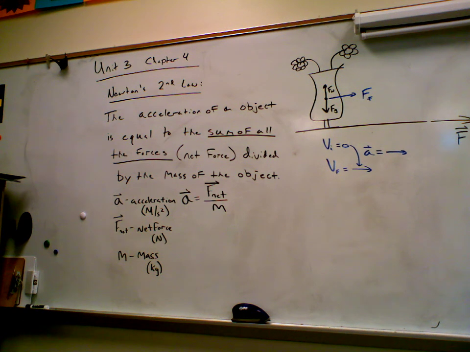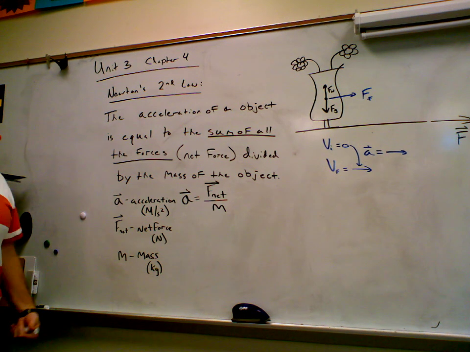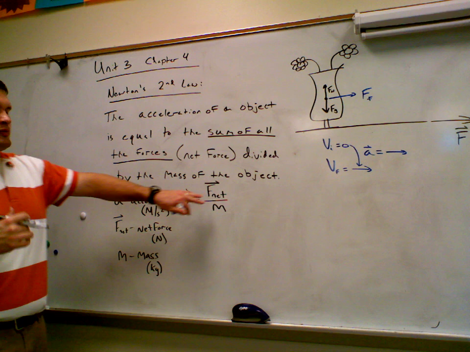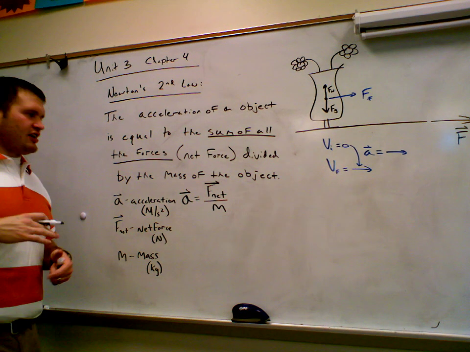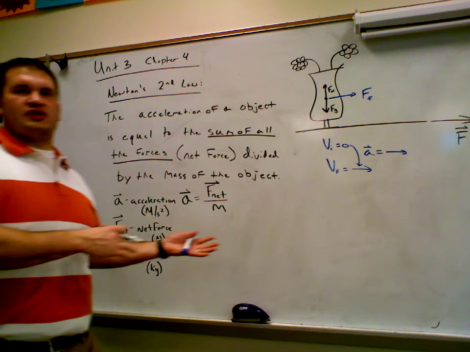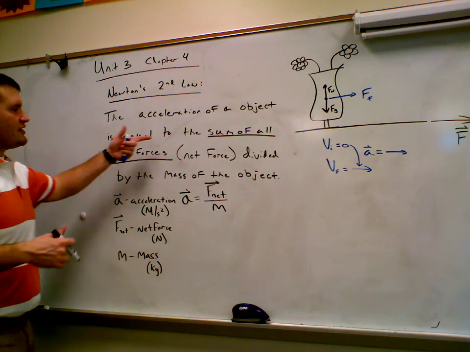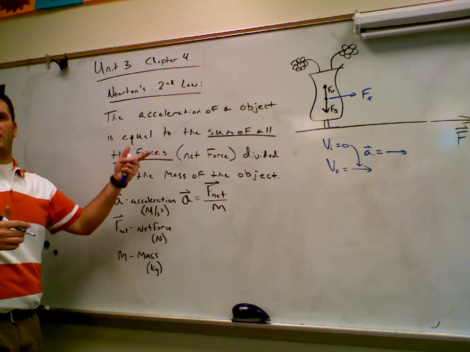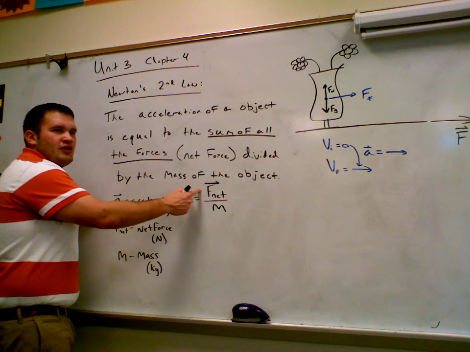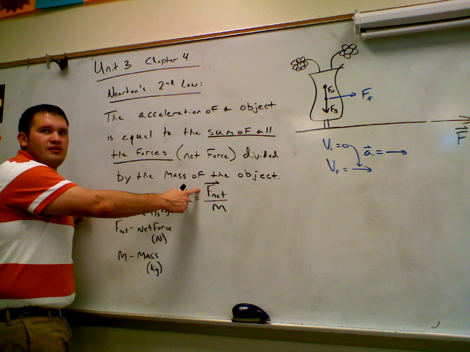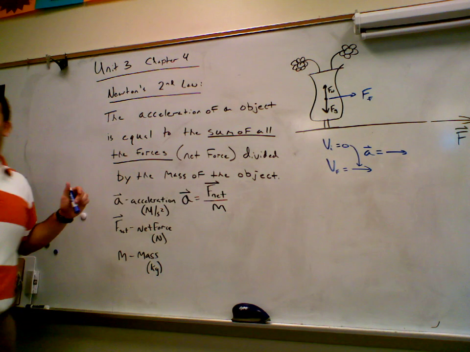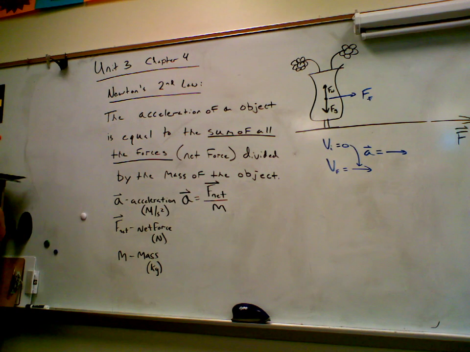Okay. Now, I can rewrite this in a different way, where I'm going to solve for F net. I found that most physics textbooks will show it this way as well. Students struggle with the addition and then division, because F net is the sum of all the forces. So this F net is really not just one force, but two, three, four, many forces that are all added together.